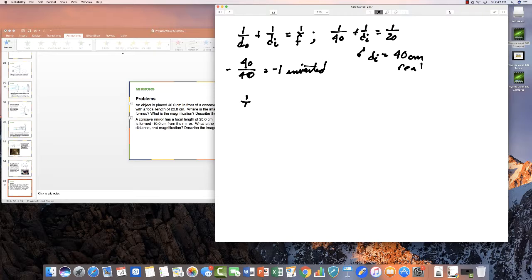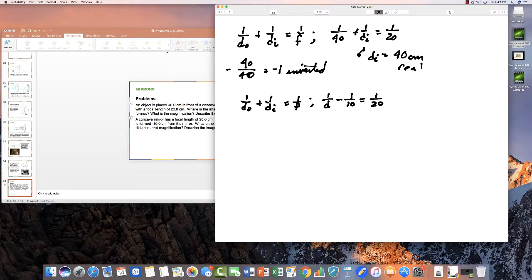We have 1 over d0 plus 1 over di is equal to 1 over f. Again, we have 1 over d0, now di is minus 10, so minus 1 over 10 is equal to 1 over 20.